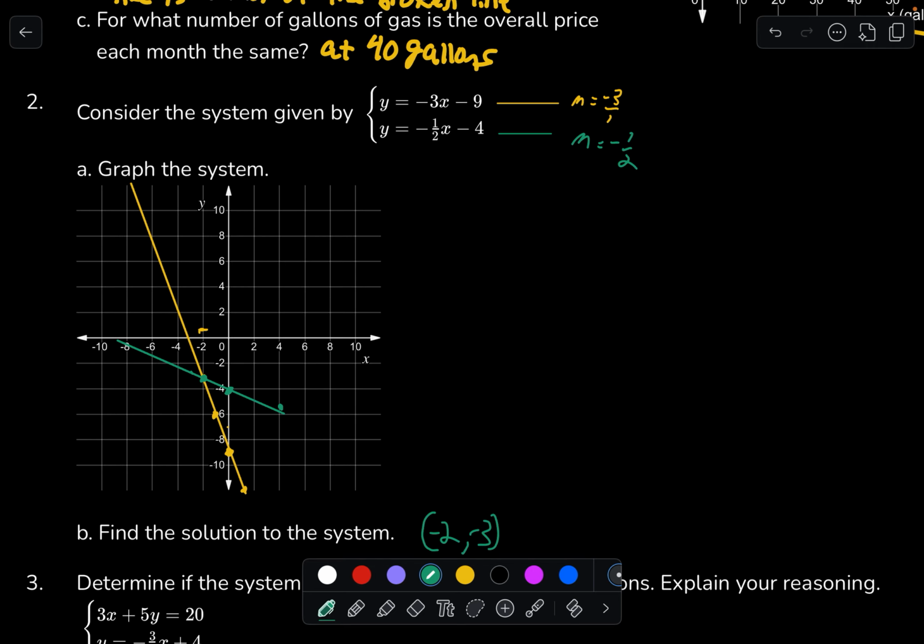Okay, and you can check it. Plug it in. -2 times -3 is 6, minus 9 gives you -3. It worked in the top equation. -2 times a -1/2 is 1, minus 4 is -3, and it worked in the bottom equation.